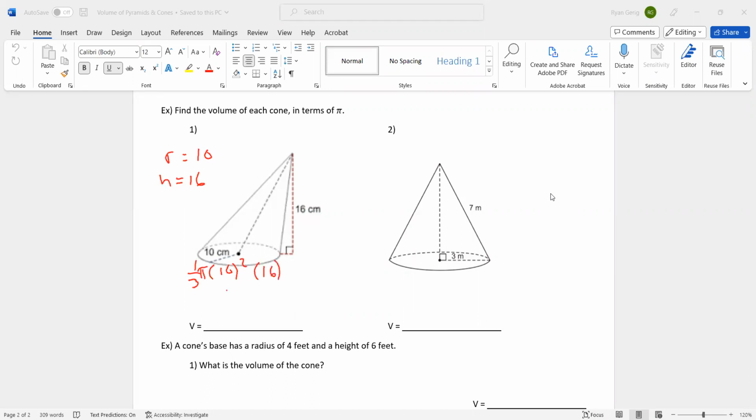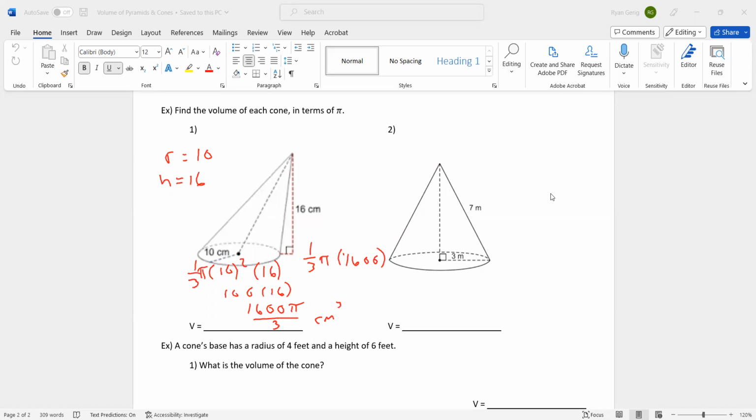So that's 100 times 16. So that's 1600. So I got 1/3 pi times 1600. That does not divide nicely. So in terms of pi, it's 1600 pi divided by 3. And that would be centimeters cubed. Okay.